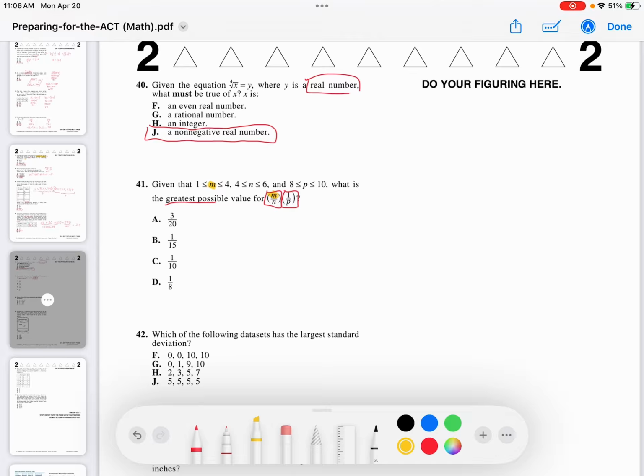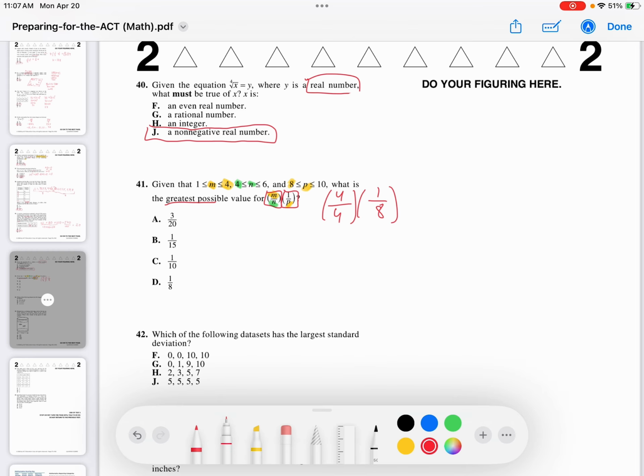So m, I'm going to make the biggest number it can be, which would be 4, over n. The denominator I want to be as small as possible. And so n, I'm going to also use 4 because that's the smallest number that it says it can be. So it'll be 4 over 4 times 1 over, and again, this is a denominator, so I want it to be as small as possible. So I'll use the 8.